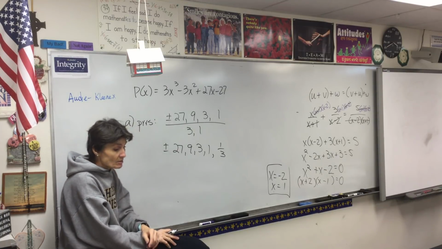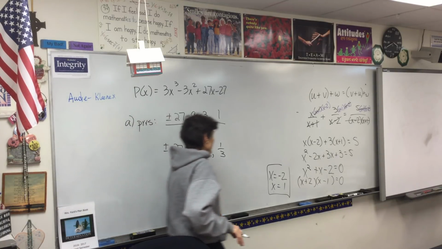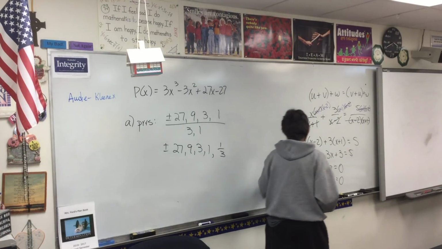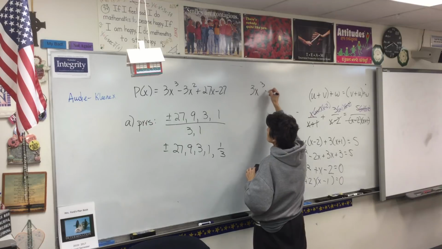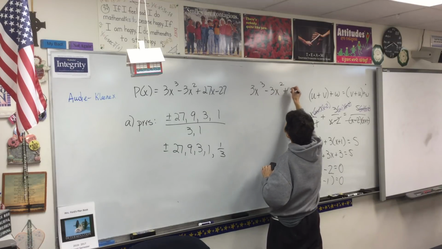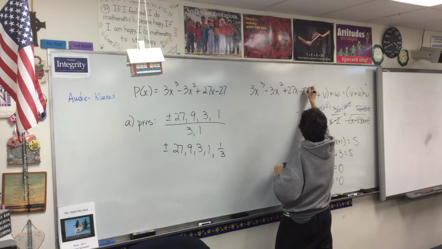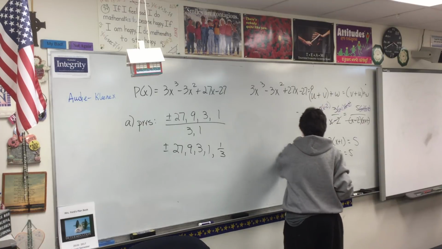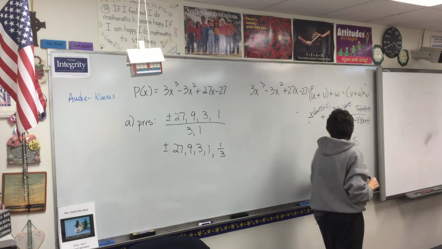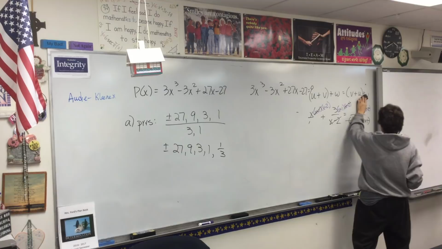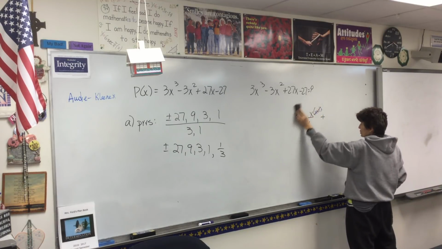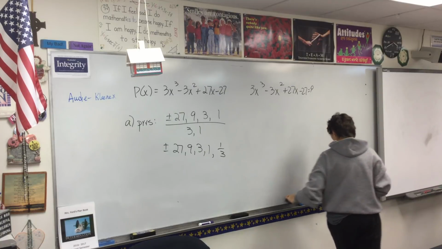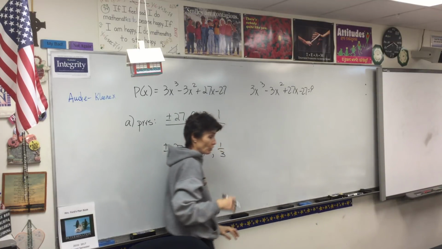Now, find the solutions algebraically. So in other words, we need to solve this thing. We need to set it equal to 0 and solve it. Take a look at it. What do you think? Synthetic division. You can use synthetic division for sure.